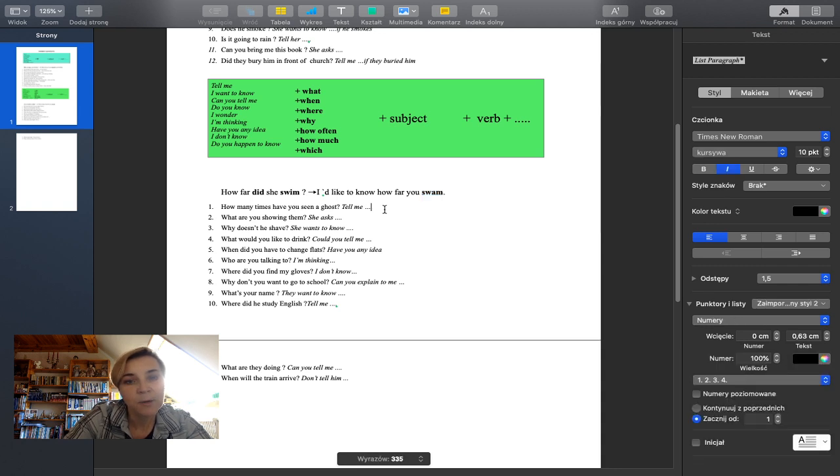So let's have a look at the first example. How many times have you seen a ghost? Tell me. And now the question word, so how many times, the subject, you, and the verb, have seen a ghost.